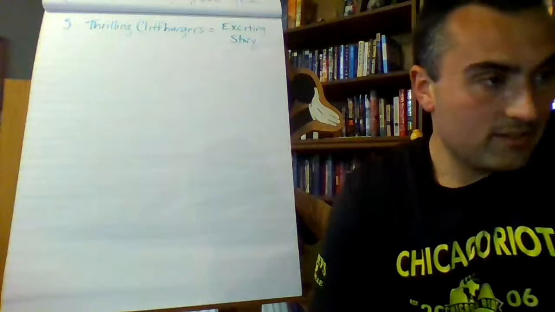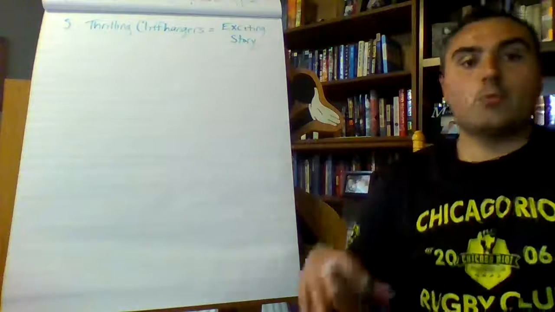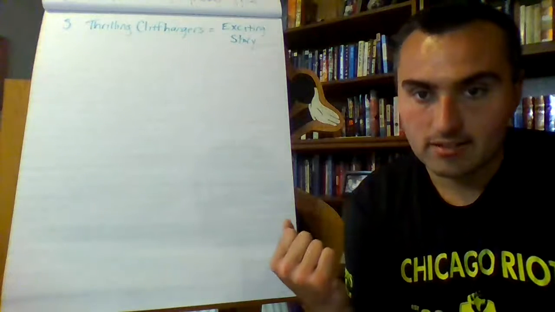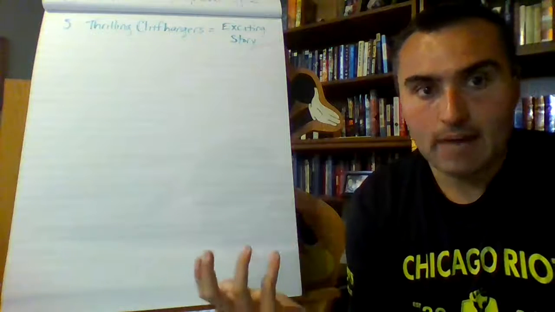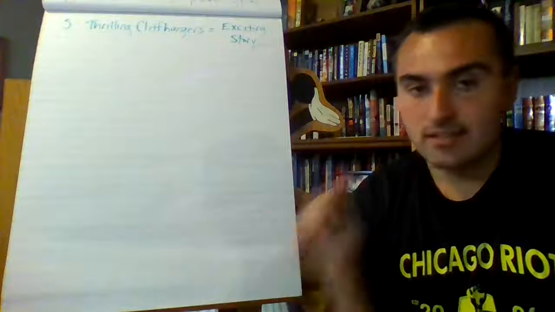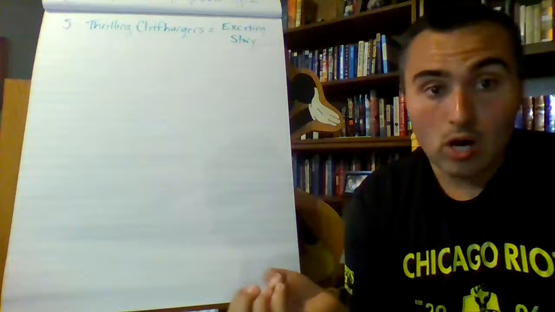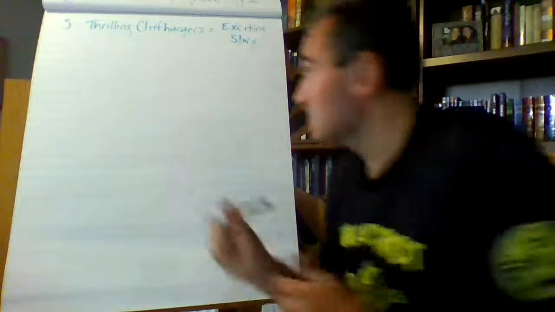So, some examples. This is when, again, something happens and we're not sure what's going to happen next. So maybe at the end of a chapter, this happens and we don't know. So one of them, the main character is alone in a dangerous place.